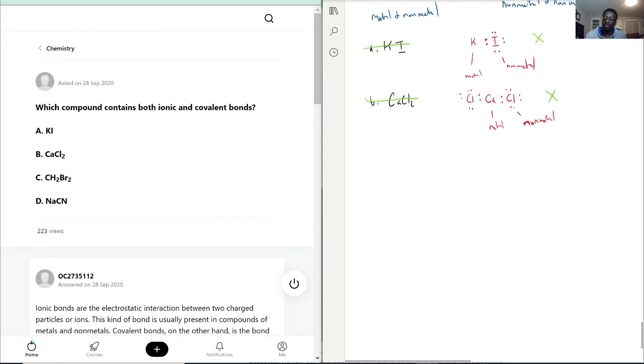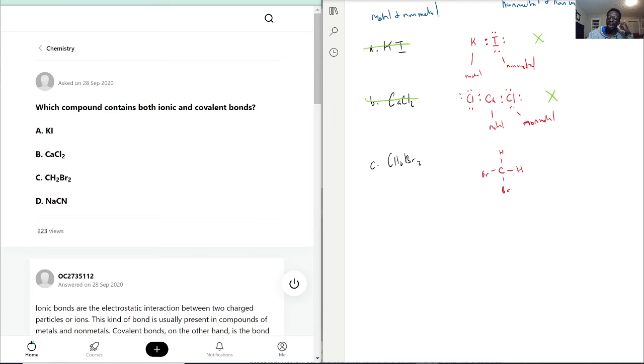For C, we have CH2Br2. For this one, it looks like this, where carbon's in the middle, and we have H, H, Br.